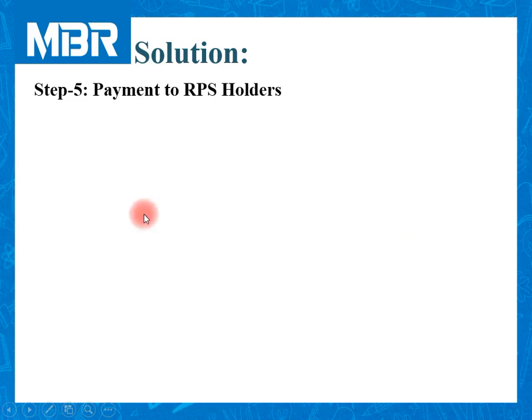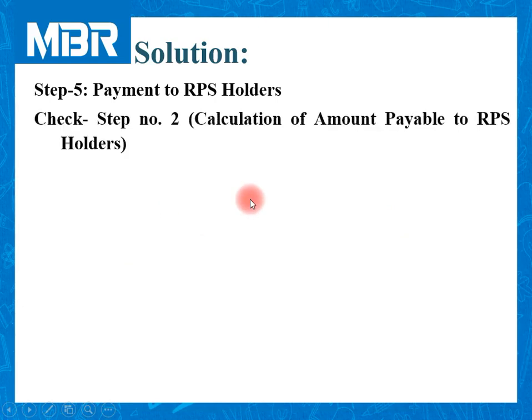It is a very easy journal entry, and without wasting much time, we need to pay the amount to RPS holders that we calculated in step number 2: 8 lakhs rupees for capital and 72,000 rupees for redemption premium. So the total amount payable to RPS holders is rupees 8,72,000.